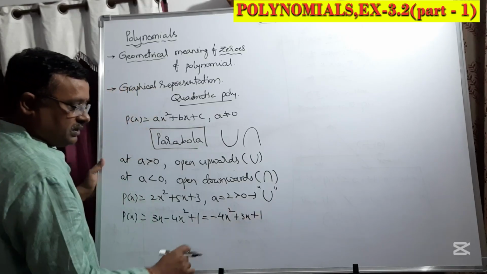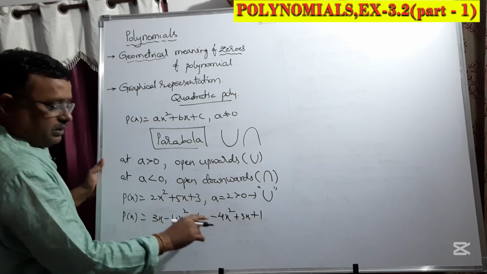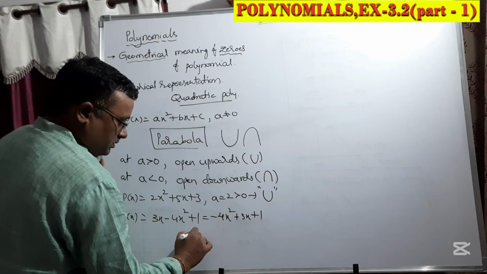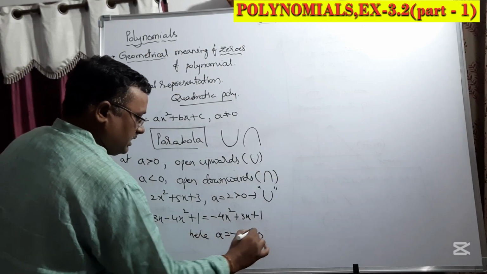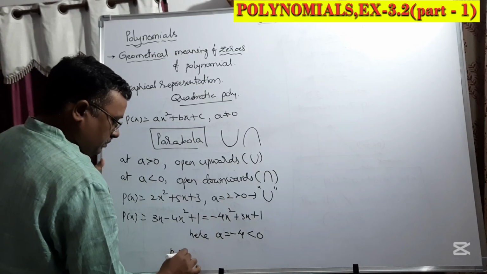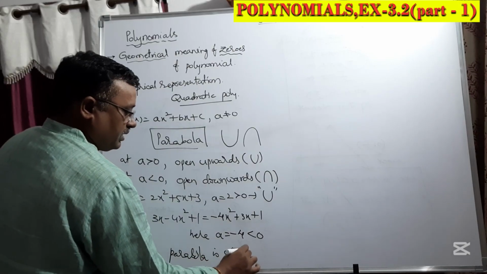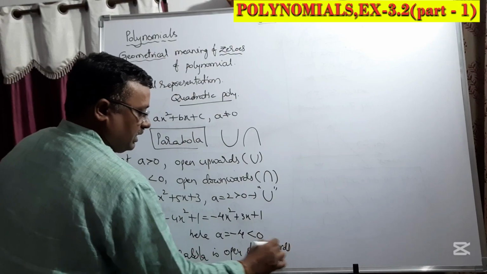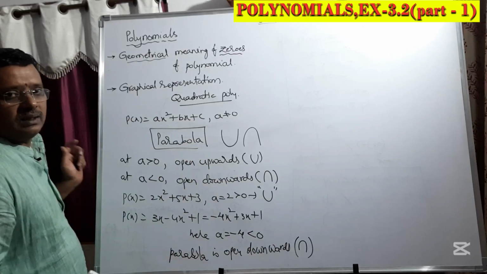Here x square is the highest power, degree 2, a quadratic polynomial, so its coefficient is minus 4. Here a equals minus 4, which is less than 0. Therefore the parabola opens downwards. Understood? These are the simple examples.